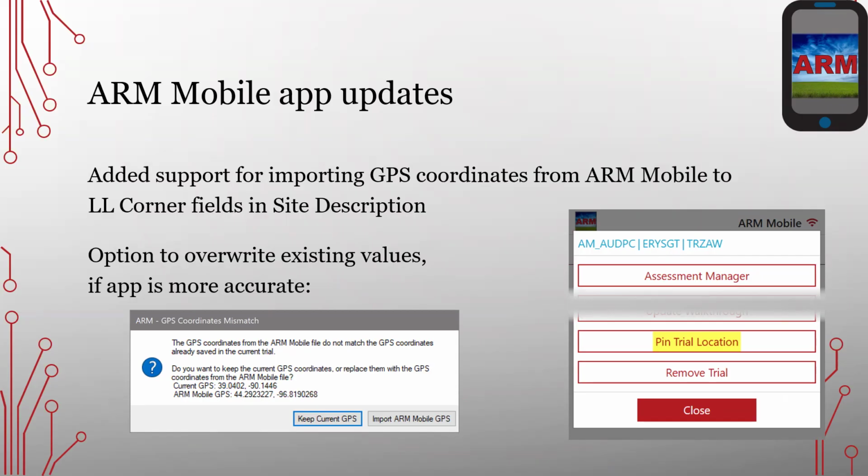Now, that information is included when you export data, and ARM will prompt you then. It will bring in those coordinates. If you already had lower left coordinates in that trial, there'll be this prompt. ARM will say, look, currently you had this as your lower left. This is what you got from ARM Mobile. Which one do you want to save in this trial? So that way you don't accidentally replace your coordinates if you didn't intend to.